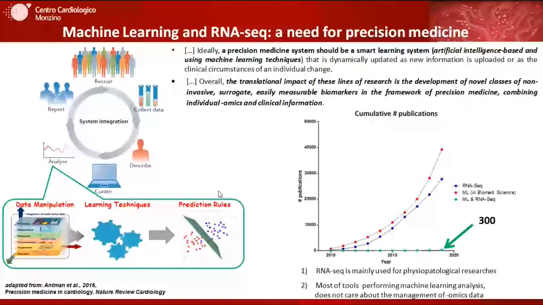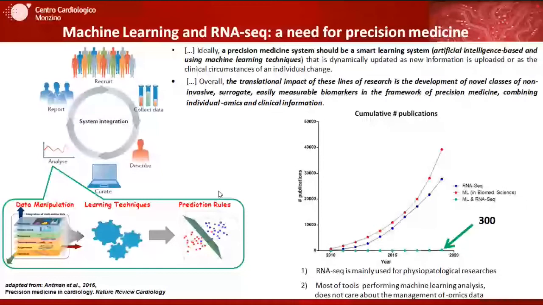However, even if the number of publications for RNA-seq or machine learning in biomedical science alone is very high, the studies where these two technologies are combined are still very small. And we tried to find out two possible reasons.